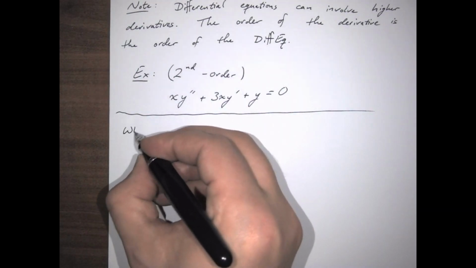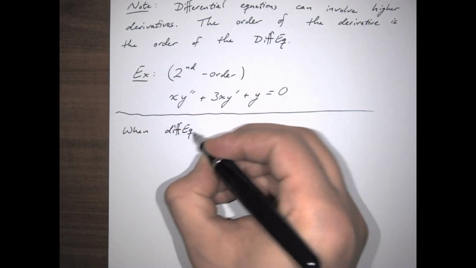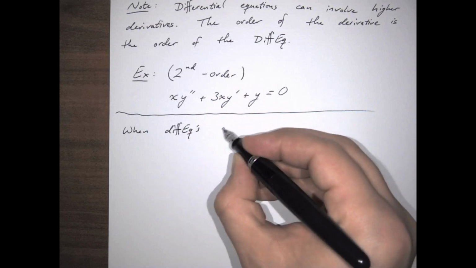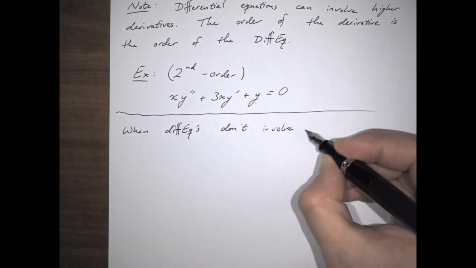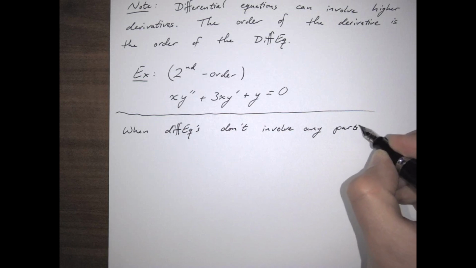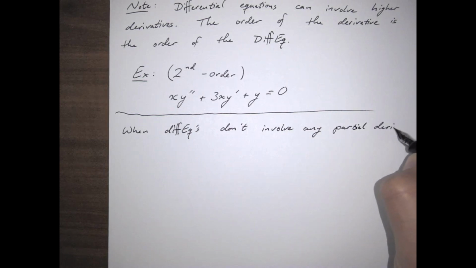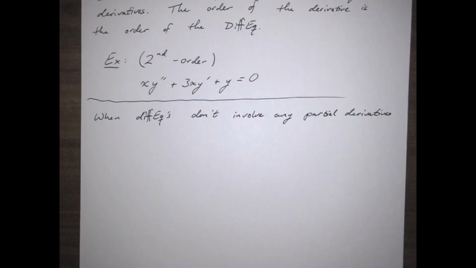Now, when differential equations don't involve any partial derivatives, and if you'll recall, what this means is, partial derivatives, that's when y is a function not merely of one variable, such as x, but is perhaps a function of multiple variables, such as maybe x and t.